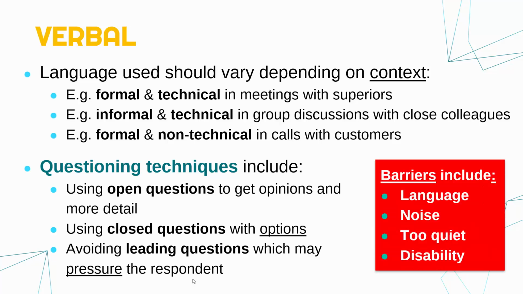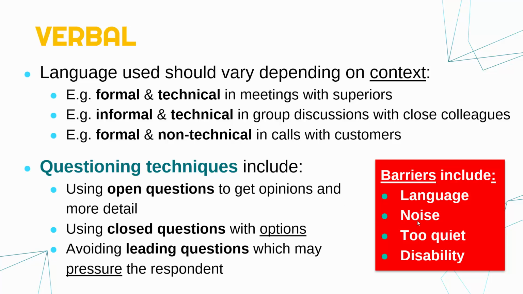Another thing which could affect the usefulness of your communication are certain barriers. So a barrier limits how effective your communication is. And there are loads of examples. I'll encourage you to think of some of your own. But some examples for verbal barriers include language. If somebody doesn't speak particularly good English, or they're not understanding your technical language, that will be a problem.